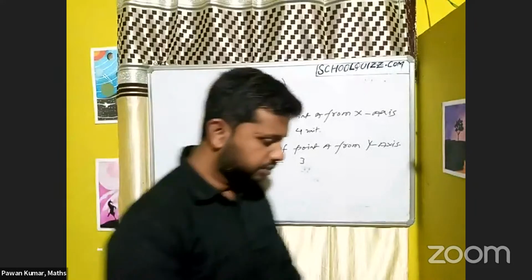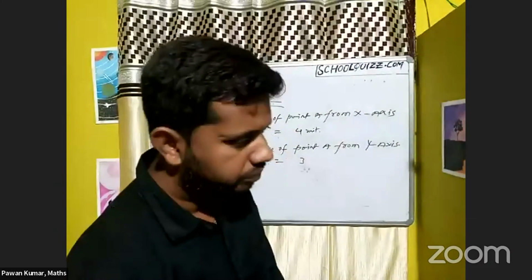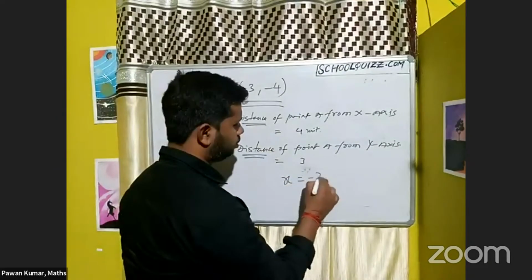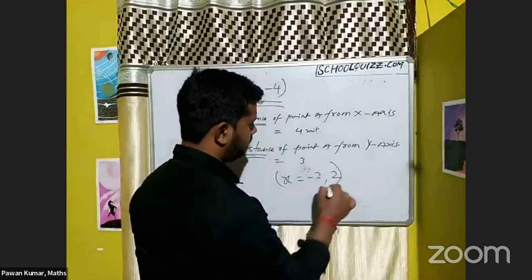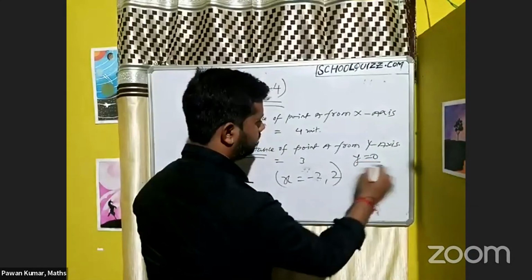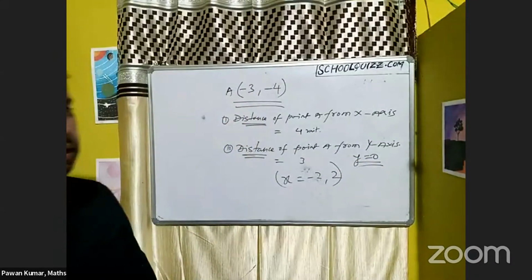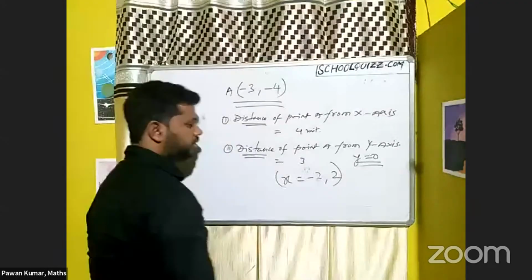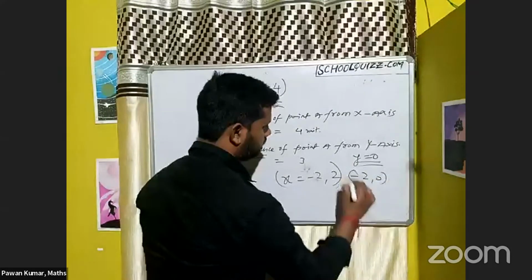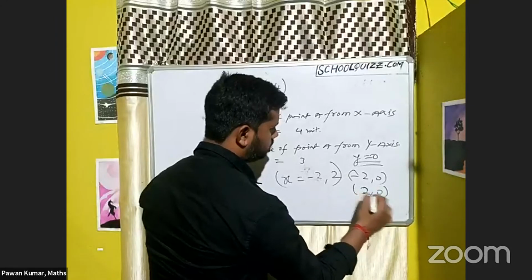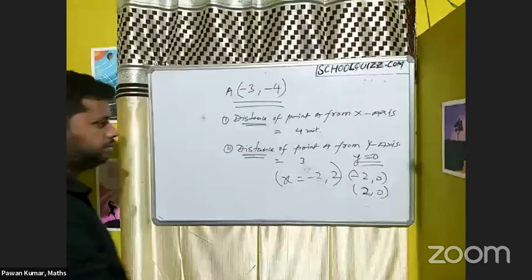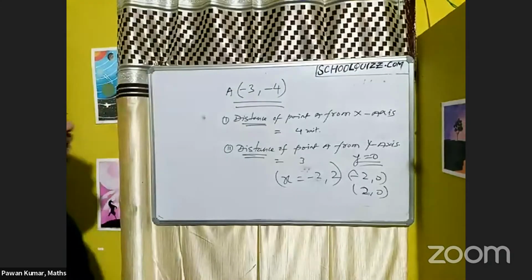Suppose you solve a question in a quadratic equation, and you get two values, let it be x equals -2 and 2, and y equals 0. If they are asking for the coordinates, then what will they be? I have to represent two things here: (-2, 0) and (2, 0). Both points represent coordinates, but the distance from the y-axis to each point is the same.